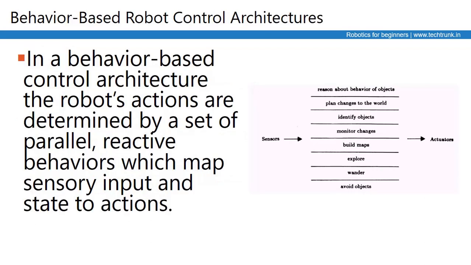The next important architecture, which is one of the well-known architectures in today's world for mobile robotic systems, is the behavior-based robot control architecture. In the behavior-based robot control architecture, the robot's actions are determined by a set of parallel reactive behaviors which map sensory inputs and states to actions.